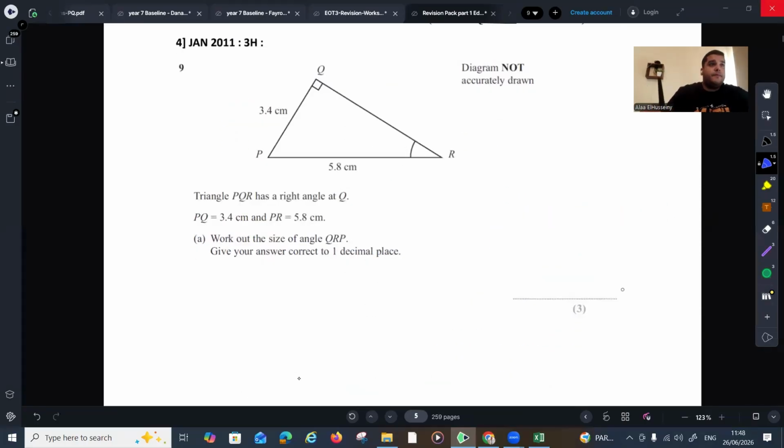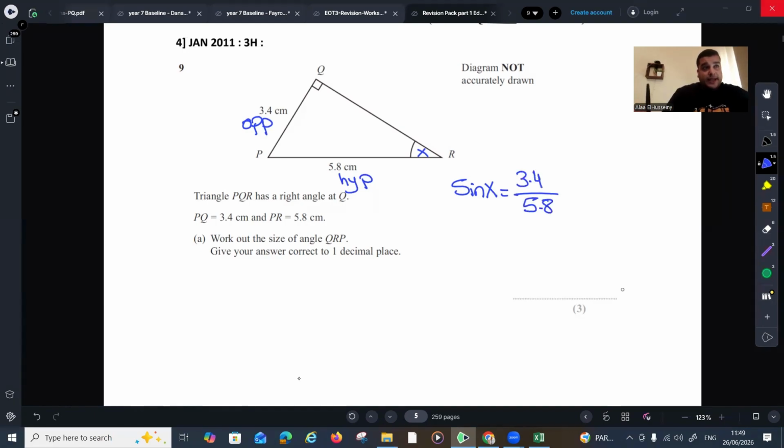Here, in this triangle, we want to get the value of the angle x. So first, I will name the sides. 5.8 is the longest side, it's opposite to the 90, so that's the hypotenuse. 3.4 is the side opposite to the x, so that's the opposite. Now, sine x equals the opposite over the hypotenuse, so it's equal to 3.4 over 5.8.